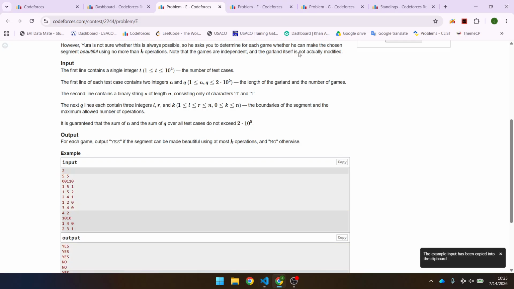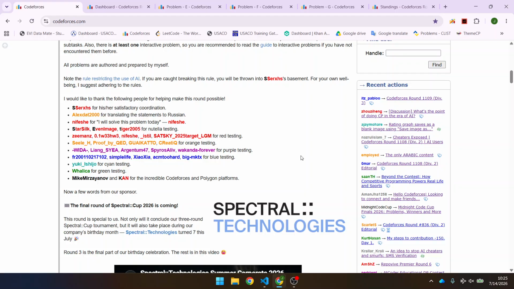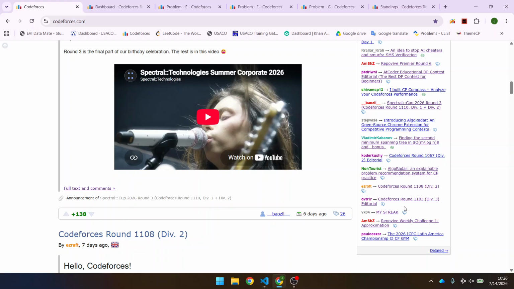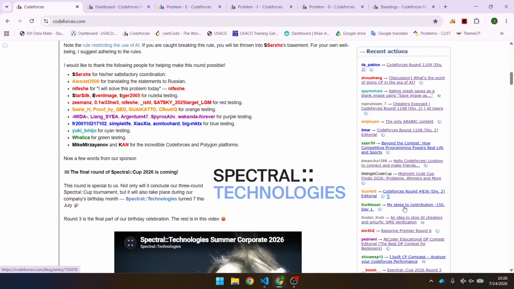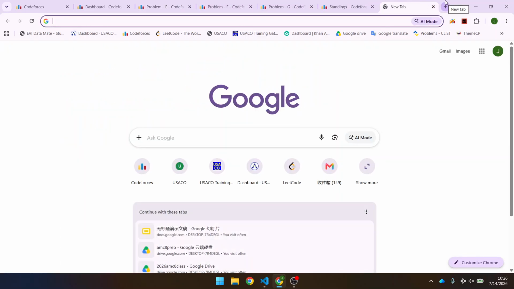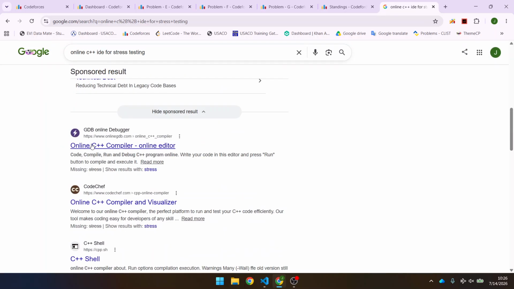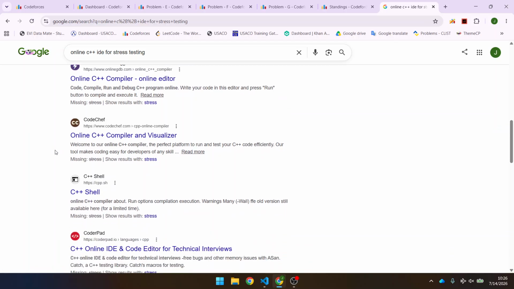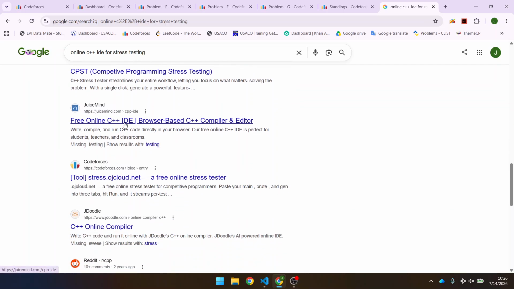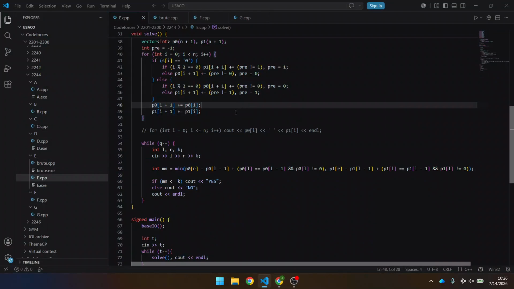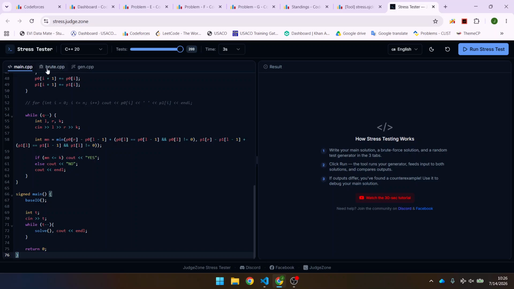Right, this bridge should work. Let's see. Where was the group?